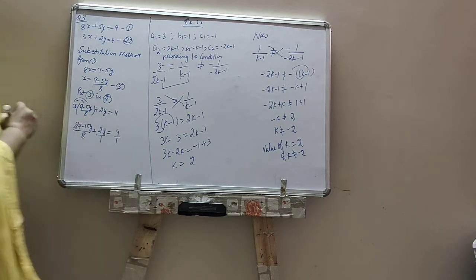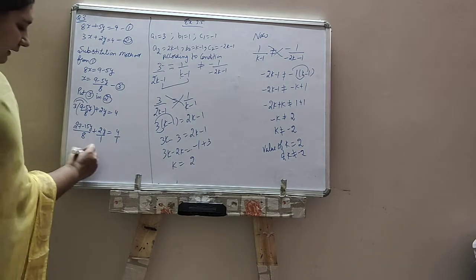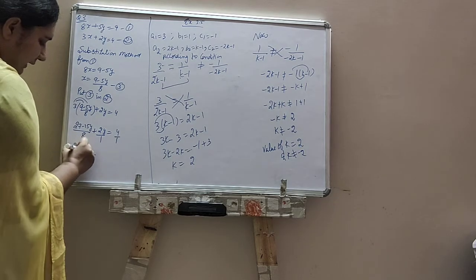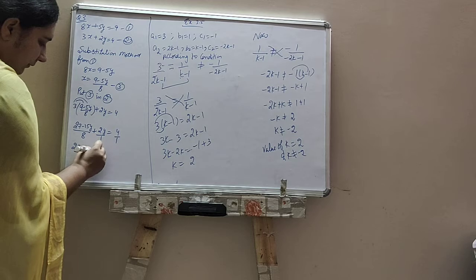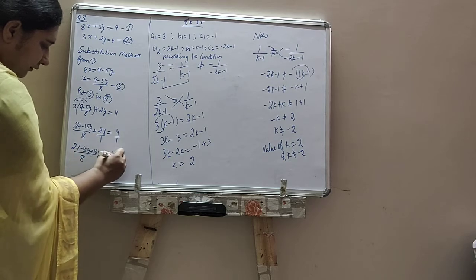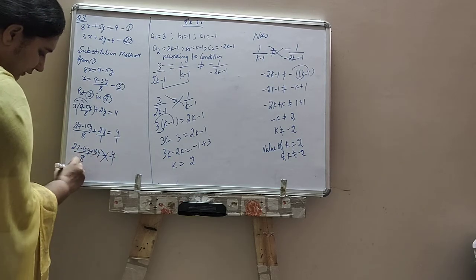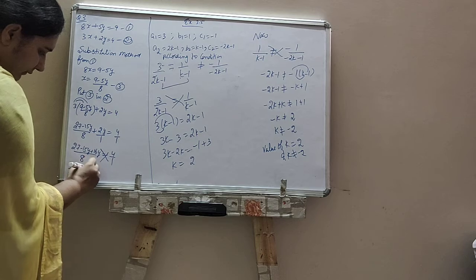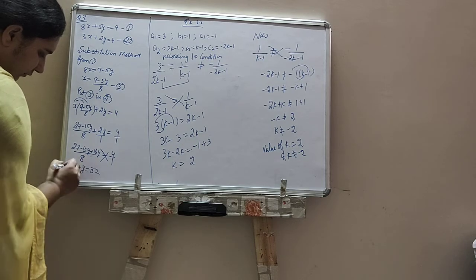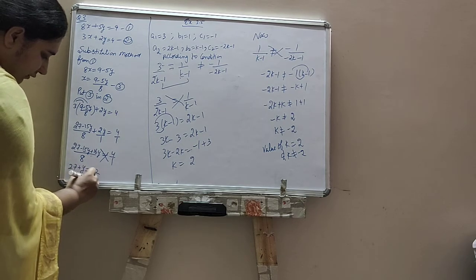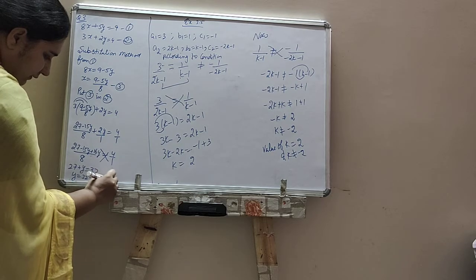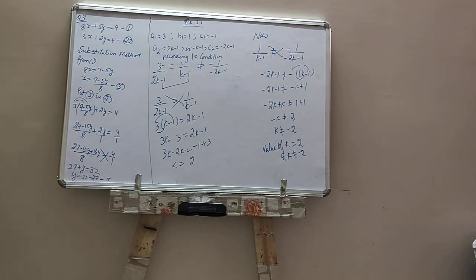Child, here the denominator is 1, so the LCM of 1 and 8 is 8. 27 minus 15y plus 16y equals 4 by 1. Cross multiplication: 27 plus y is equal to 32. y is 32 minus 27, it is 5.